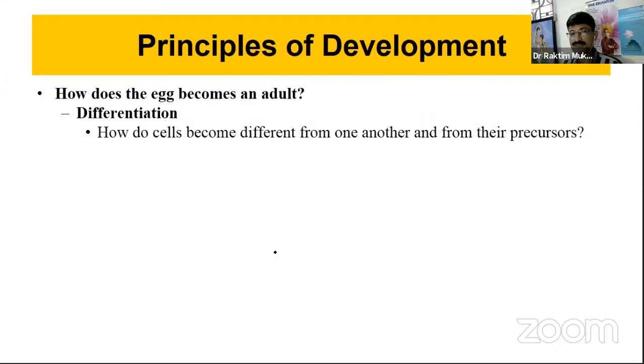The concept of differentiation answers how cells become different from one another and also from their precursors. In very simple language, I would say differentiation refers to a less specialized cell becoming a more specialized cell. So once the cell becomes more specialized, obviously it is going to be different from its precursors.